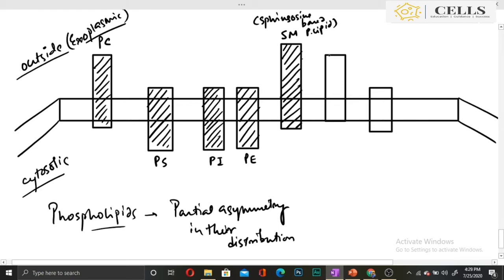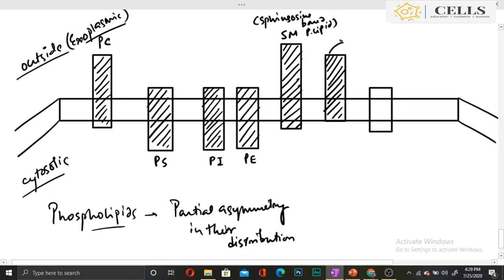Another kind of membrane lipid, you can see, faces the exoplasmic phase only. There is no part of that membrane lipid facing the cytosolic phase.